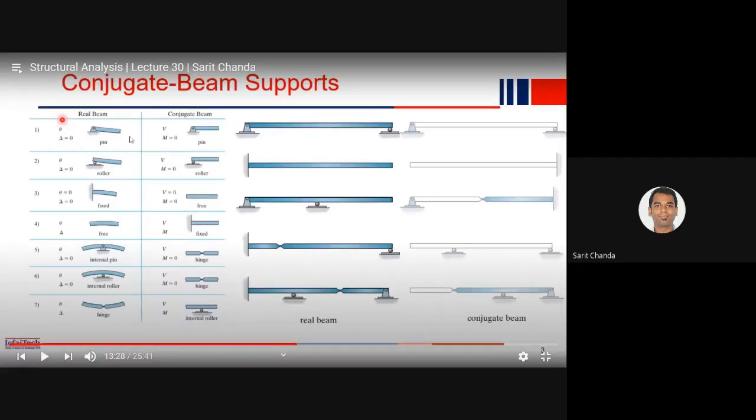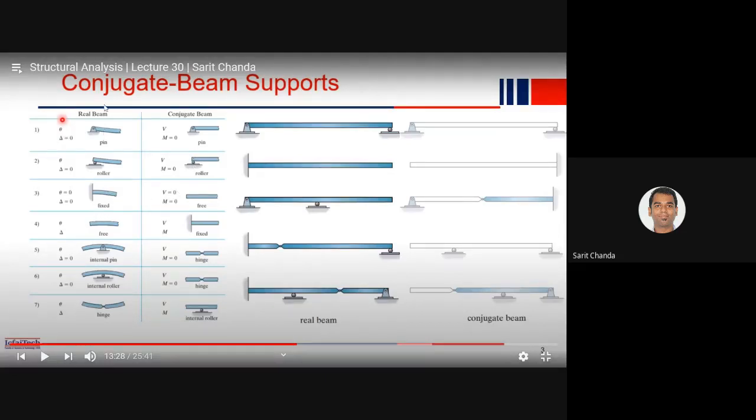This is a table, and I have explained how these values came. If the real beam has a pin support, then the conjugate beam also has a pin support, so there is no change. If the real beam has a roller support, the conjugate beam support will also be a roller, so there is no change here either.